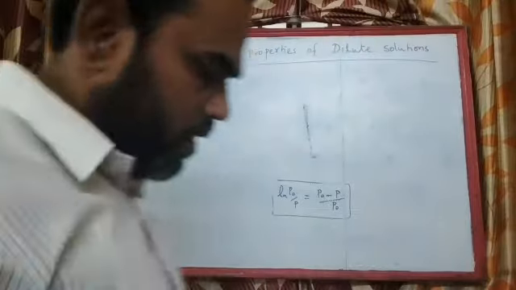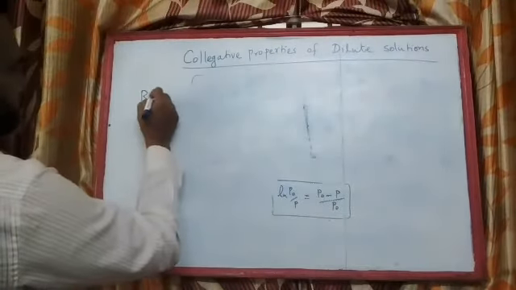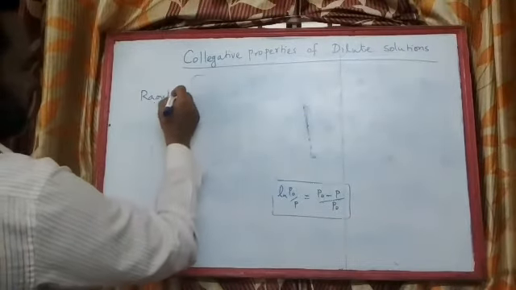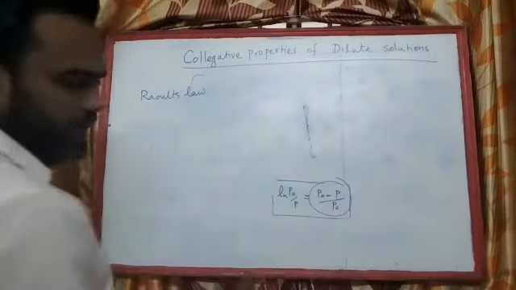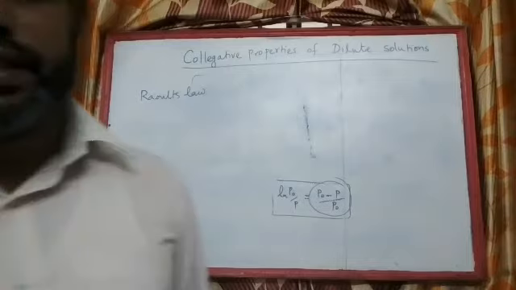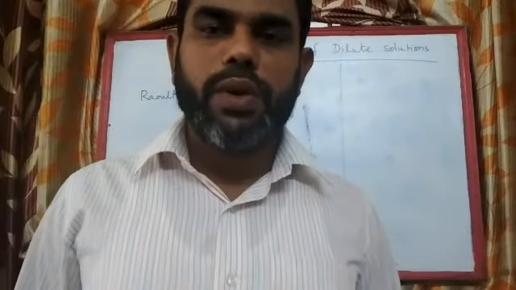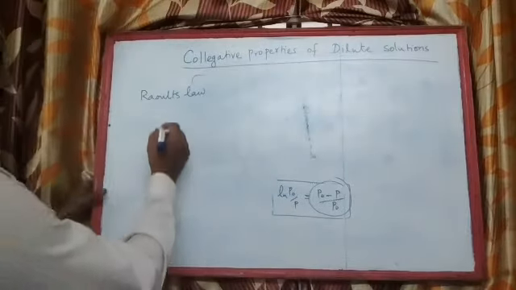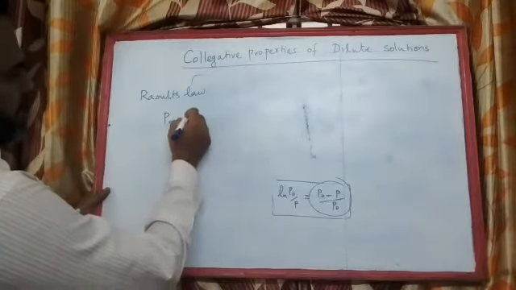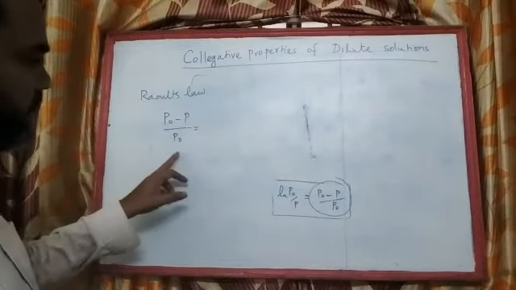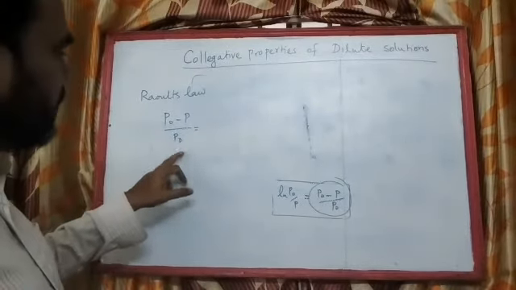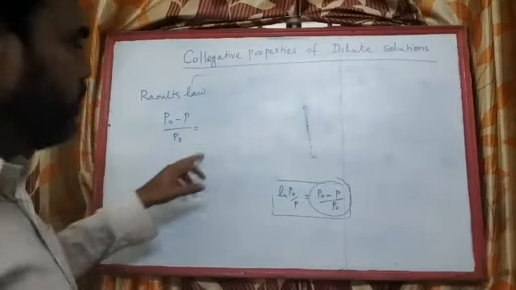So from Raoult's law, the relative lowering of vapor pressure is equal to the mole fraction of a solute in a solution. P0 minus P by P0 is the relative lowering of vapor pressure, which is equal to the mole fraction of a solute in a solution.